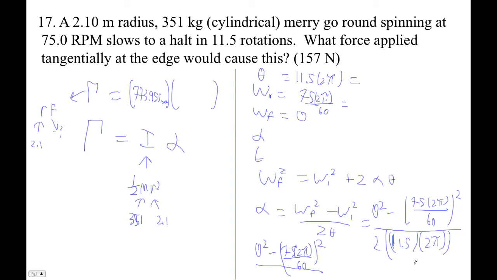So what's my acceleration? I'm just going to go parentheses 75 times 2 pi divided by 60, squared. So 0 minus that squared, divided by 2, divided by parentheses 11.5 times 2 pi.